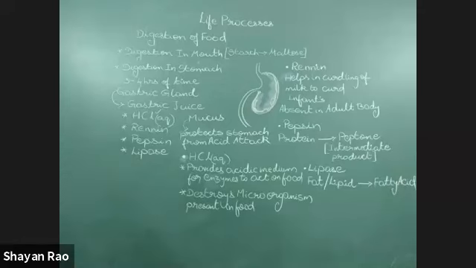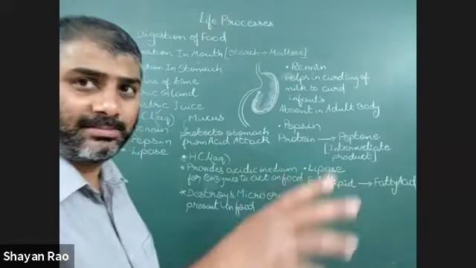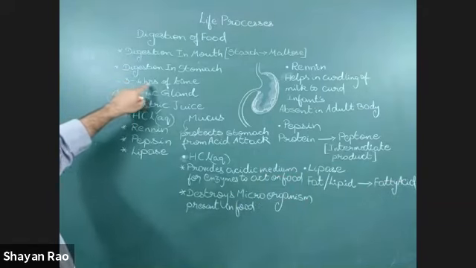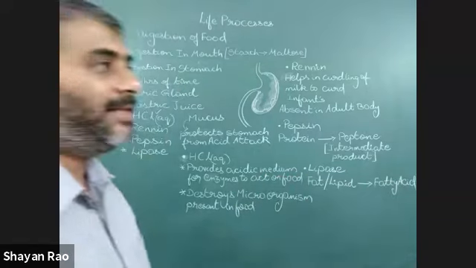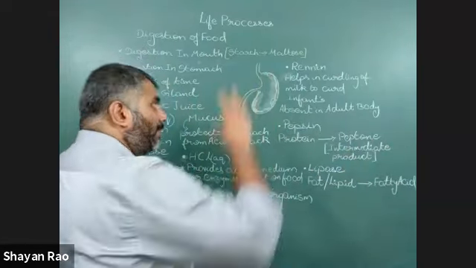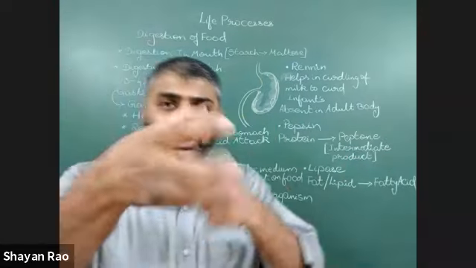Once the food is digested, I told you food is going to be present in the stomach for 3 to 4 hours, and during digestion the stomach is undergoing churning activity.